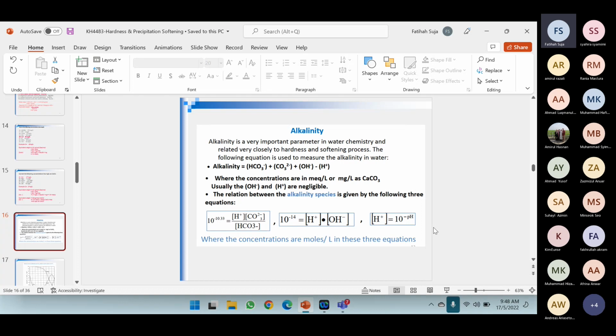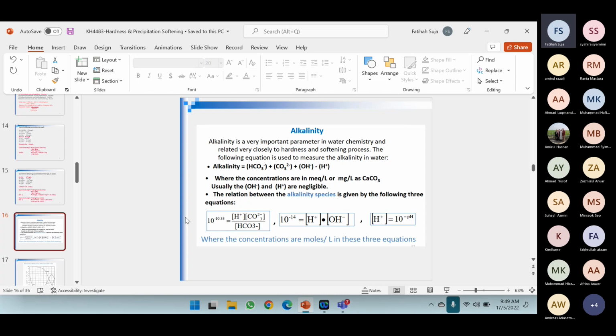Okay, so this is just to show you. Actually, for calculating the alkalinity and carbonate hardness, we can also use equations using this pH equation. But I think that it is a bit complicated for all of you, so I don't want to use this.